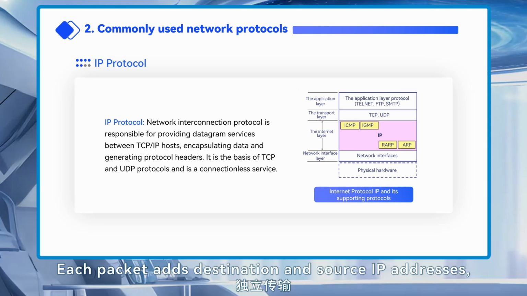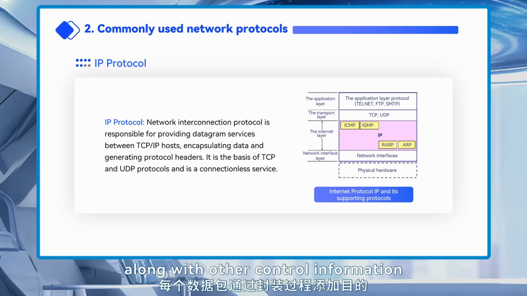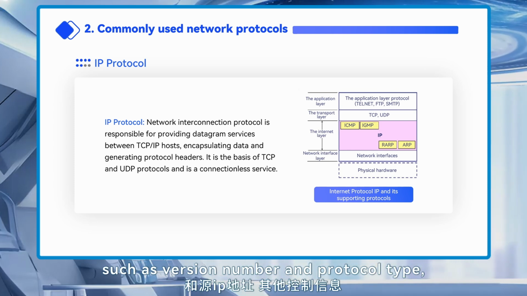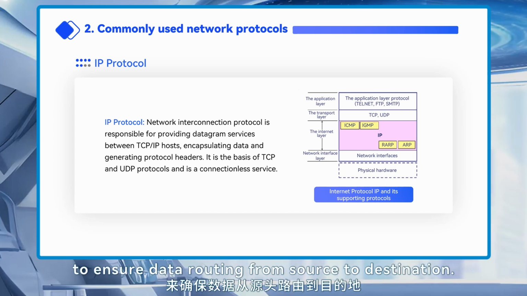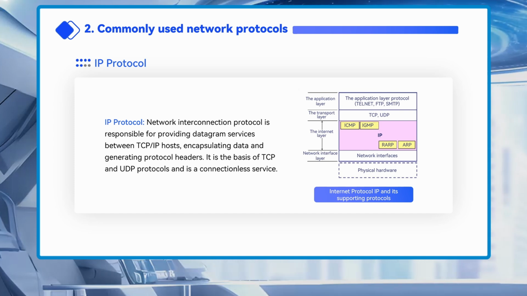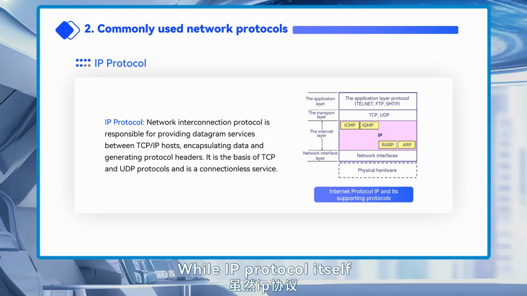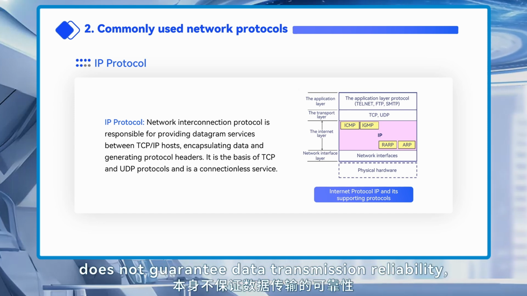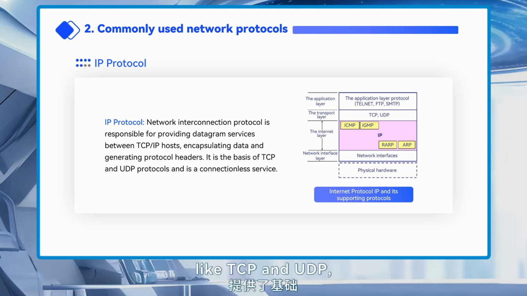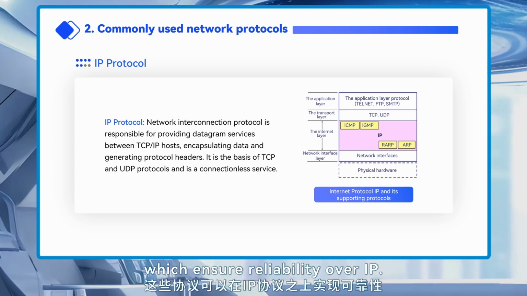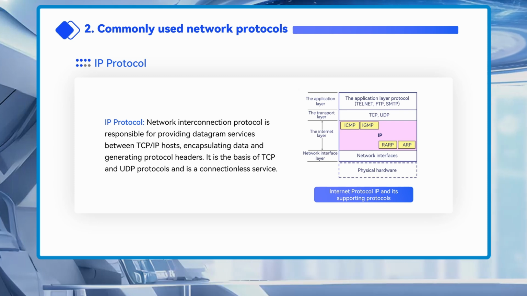Each packet adds destination and source IP addresses, along with other control information such as version number and protocol type, through an encapsulation process to ensure data routing from source to destination. While IP protocol itself does not guarantee data transmission reliability, it serves as the foundation for transport layer protocols like TCP and UDP, which ensure reliability over IP.